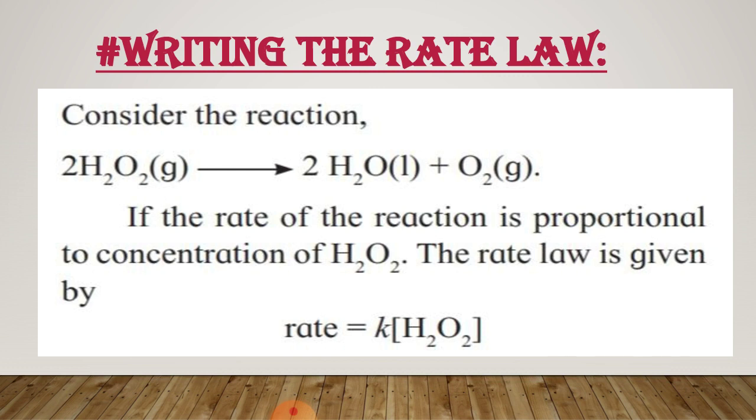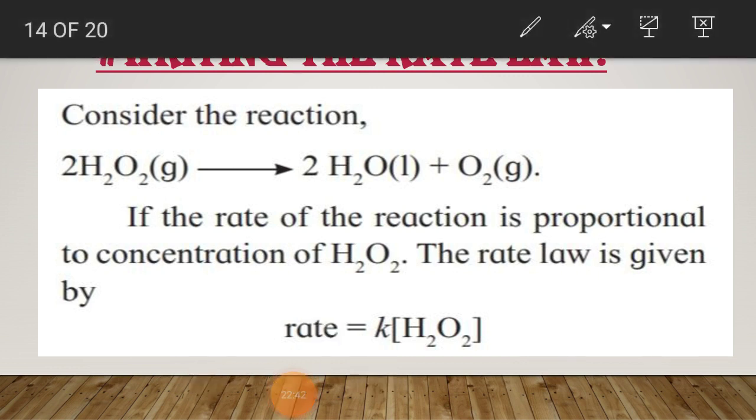So here the rate of the reaction is proportional to the concentration of H2O2, the reactant. It depends upon the concentration of the reactant. So the rate law is given for this equation. So here students, the rate for this reaction is K times the concentration of the reactant hydrogen peroxide.